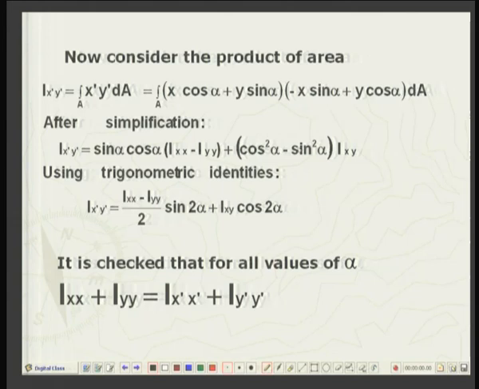Again these square terms can be replaced through trigonometric identities by sin 2 alpha and cosine 2 alpha terms. So, we will have Ix dash y dash equal to (Ixx minus Iyy) by 2 sin 2 alpha plus Ixy cosine 2 alpha.